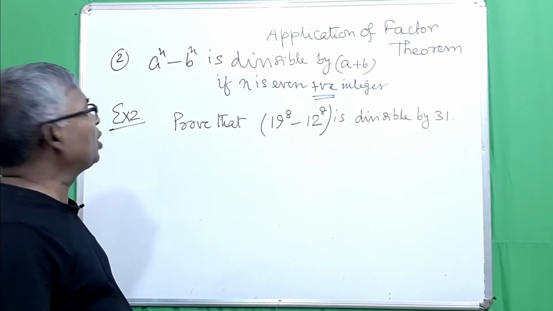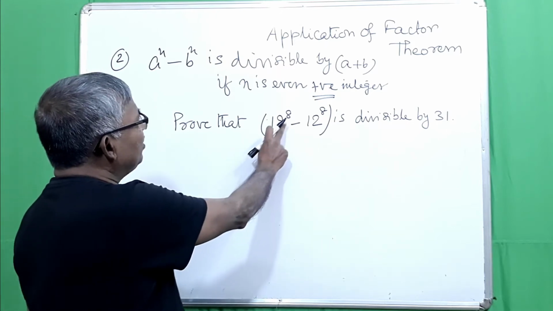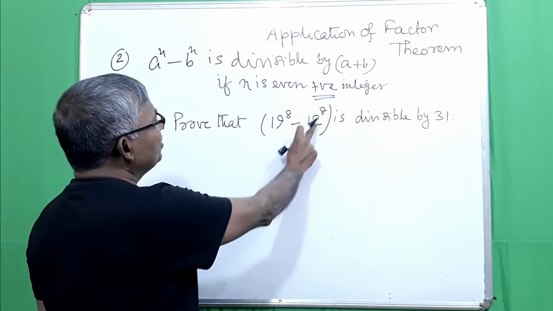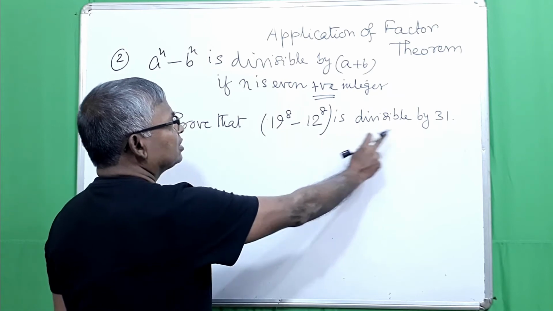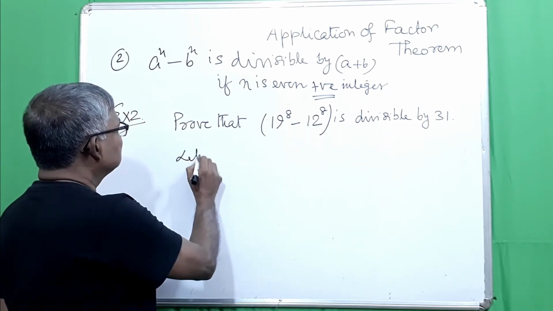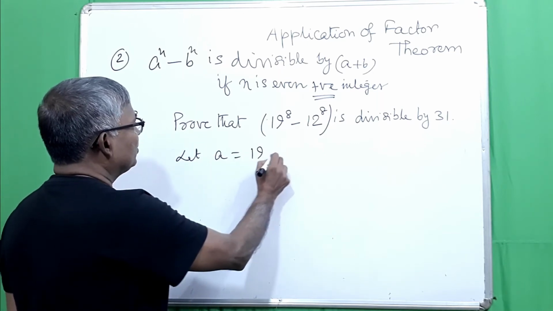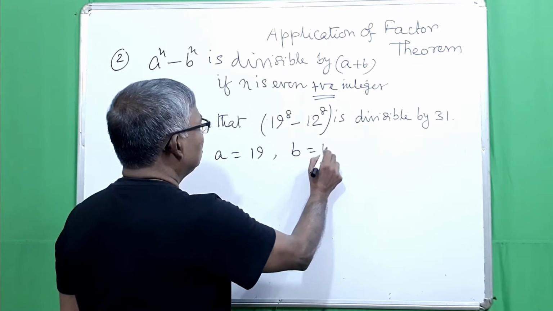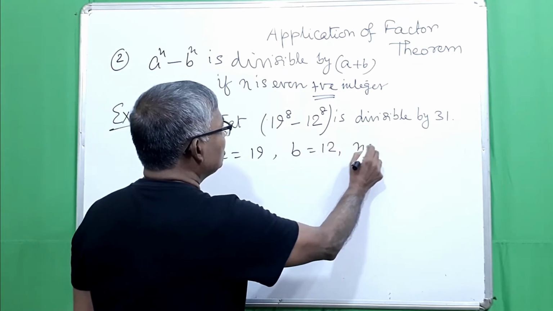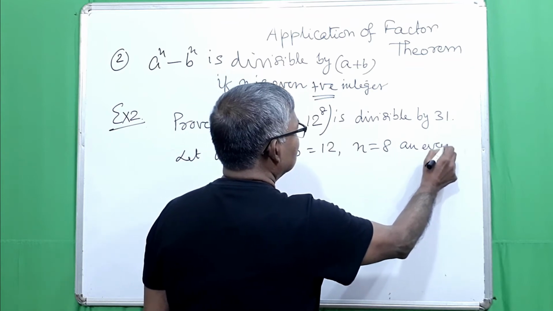Let us consider the problem. Prove that 19 to the power 8 minus 12 to the power 8 is divisible by 31. Students, let a equal to 19, b equal to 12, here n equal to 8 and even number.